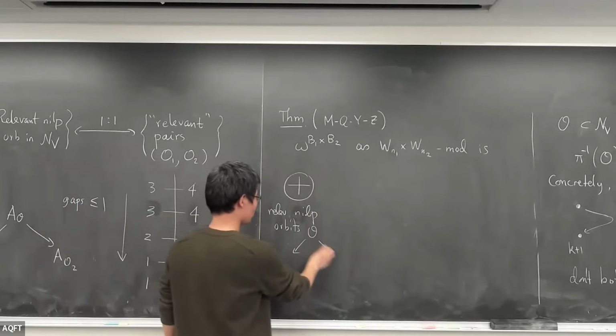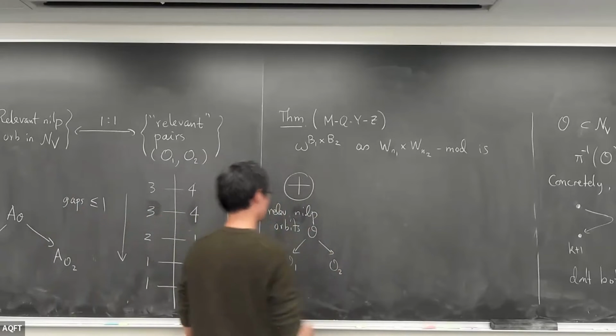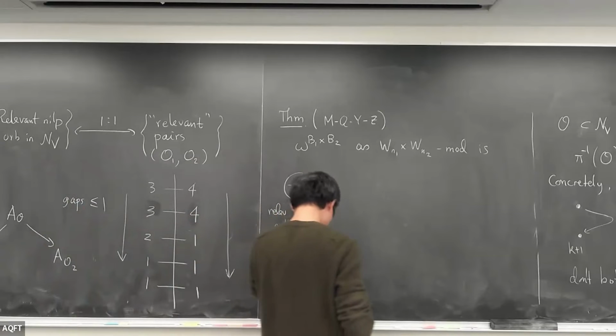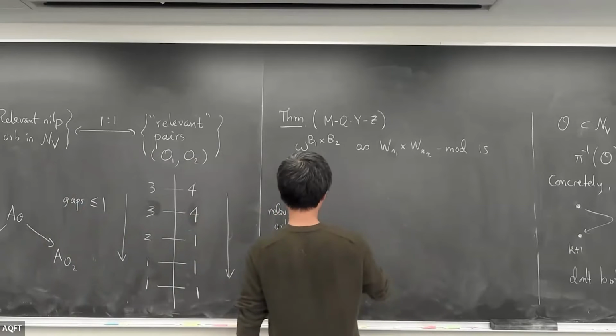So this O will give rise to a pair of nilpotent orbits in G1 and G2.